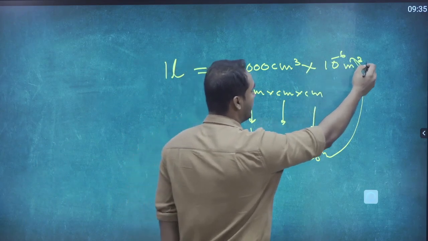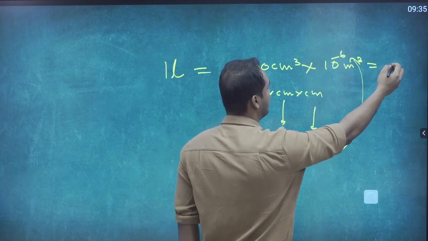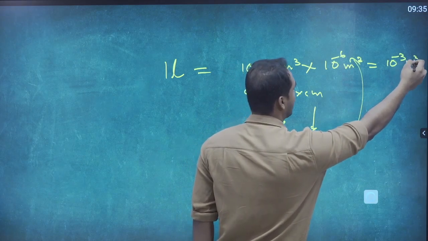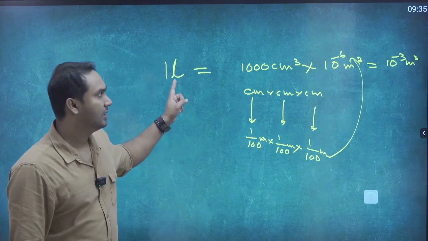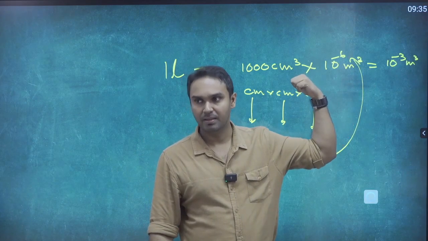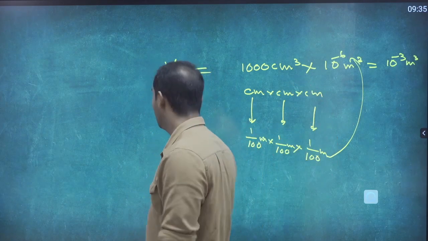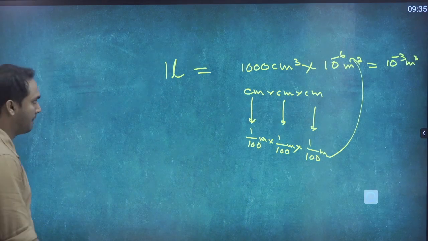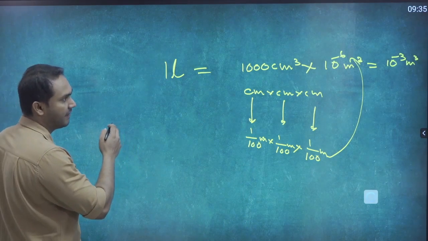So what will be the answer? The final answer will be 10 to the power minus 3 cubic meters. 1 liter equals 10 to the power minus 3 cubic meters, because you had to multiply it by 1000. They told us 5 liters are there.